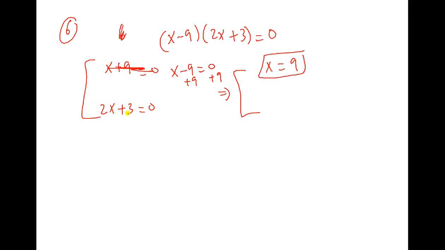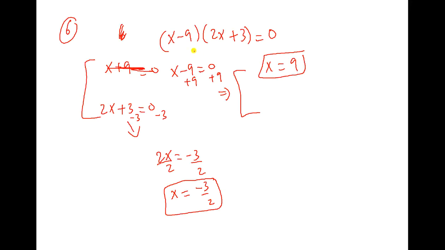For the other one, you want to solve for x, so subtract 3 on both sides: 2x equals minus 3. Then solve for x by dividing by 2 on both sides, so x equals minus 3/2. So there are two answers, x equals 9 and x equals minus 3/2, for this equation.